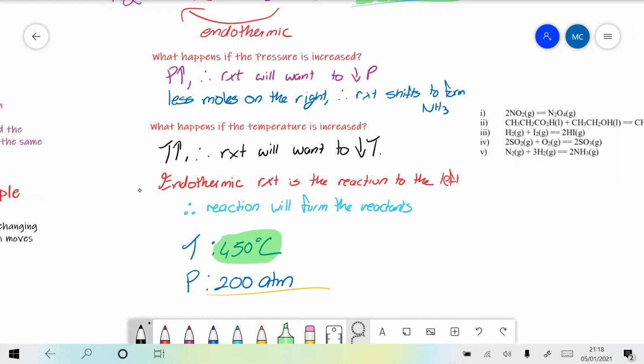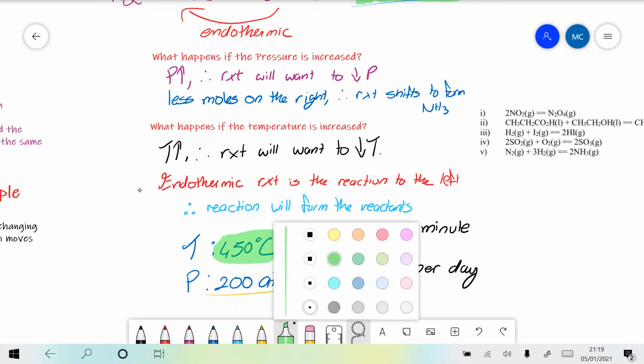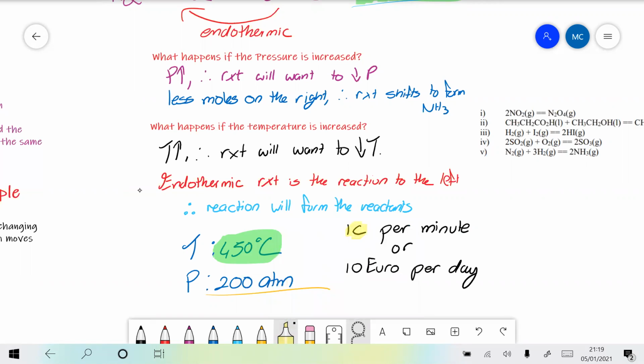But what would you rather have? 1 cent per minute or 10 euros per day? Okay? 1 cent per minute or 12 euros per day. And the answer, most probably for most of you, will be the 1 cent per minute, as it will amount to more.